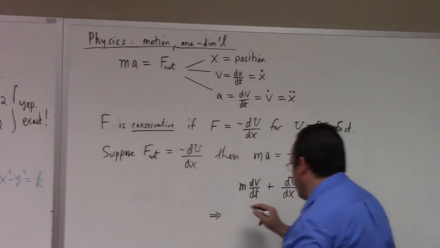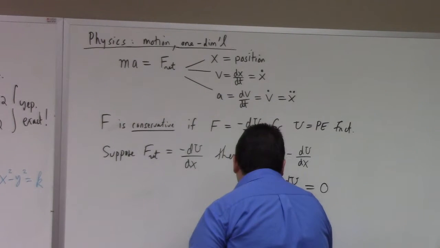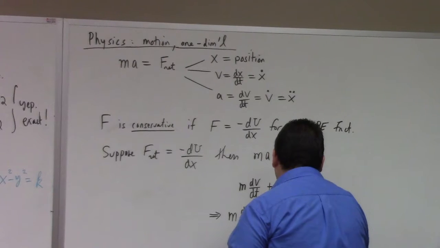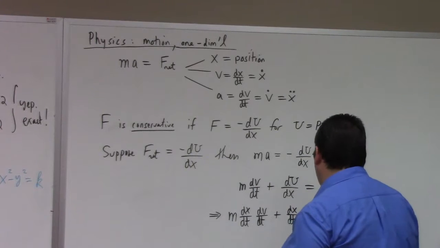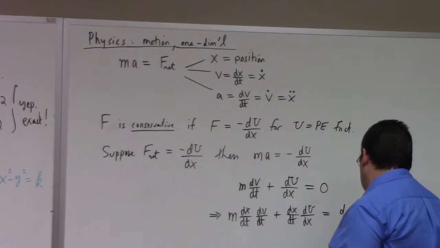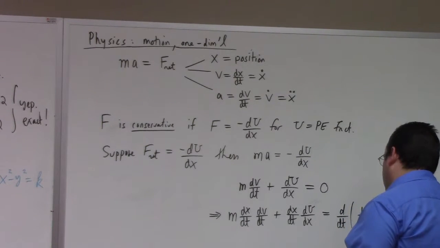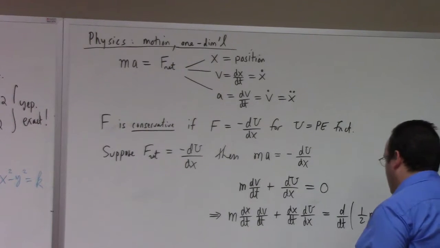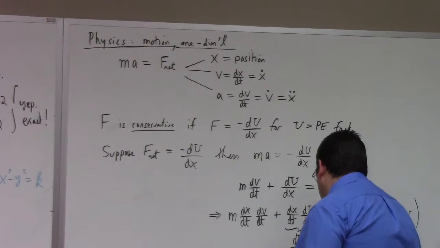So we're going to multiply by m dx dt dv dt plus dx dt times du dx, right? Now, this is going to give us d dt of 1/2 m v squared plus U. See, because this right here is really just du dt by the chain rule, right?